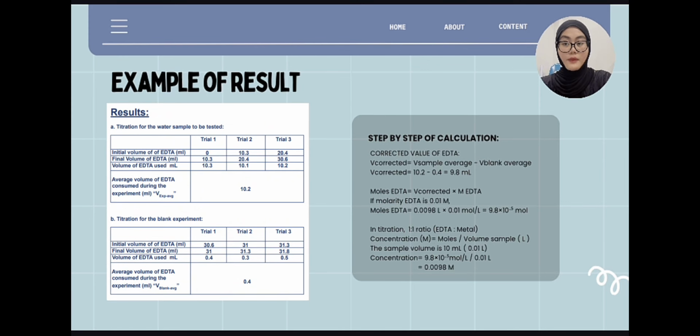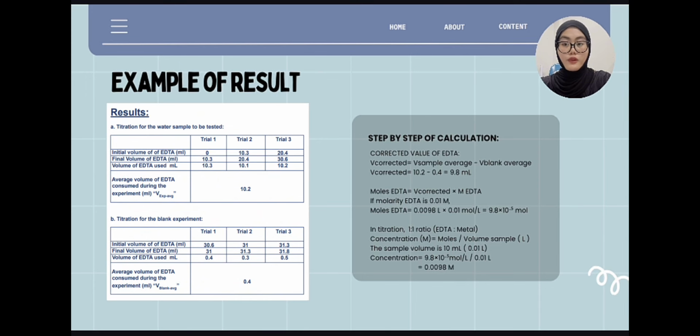The blank experiment was carried out using the same procedure but without adding any sample. This step is important to correct any volume contribution from reagents or impurities. For the blank, the volumes of EDTA used in the 3 trials were 0.4 ml, 0.3 ml, and 0.5 ml.